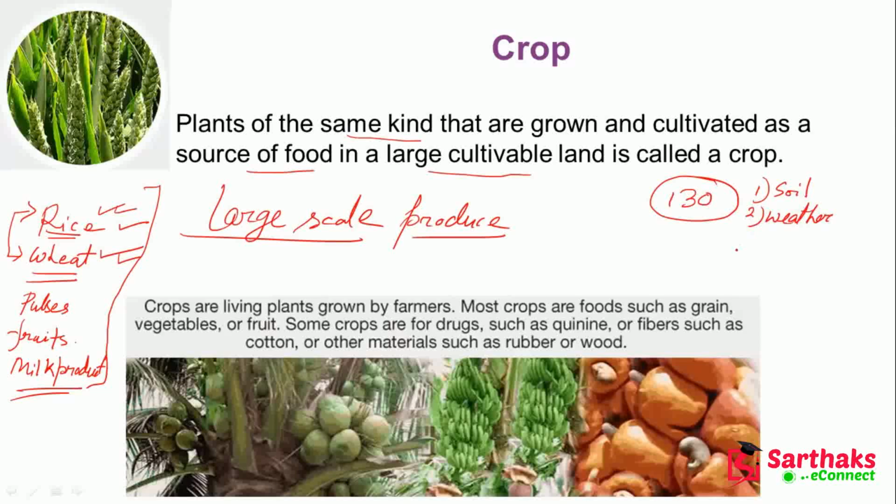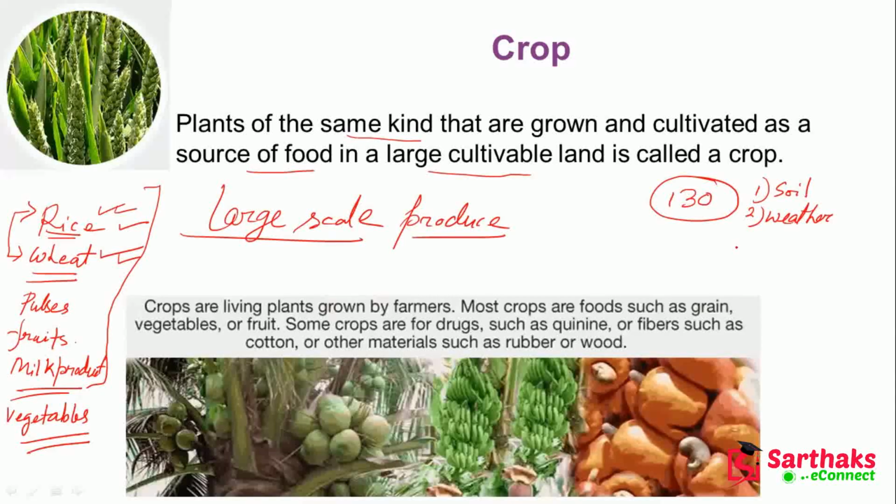Because every crop, that means rice, wheat, pulses, fruits, and also cotton and other vegetables, here I'm writing another thing, vegetables, require a particular temperature and a particular amount of rain.